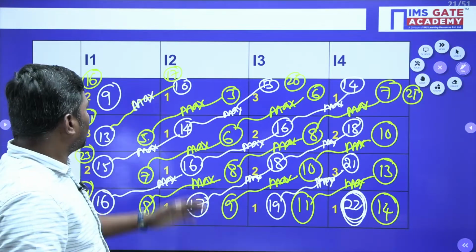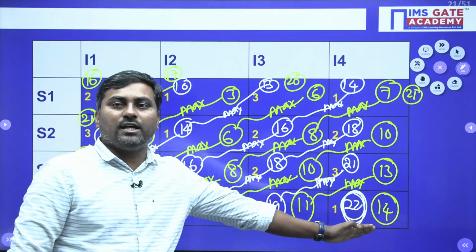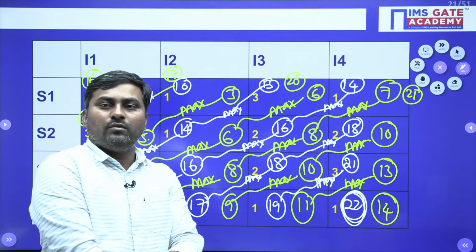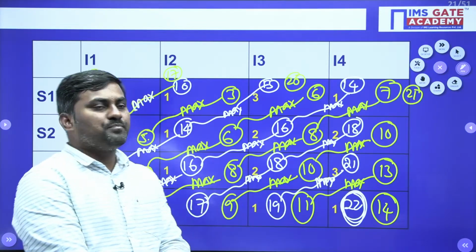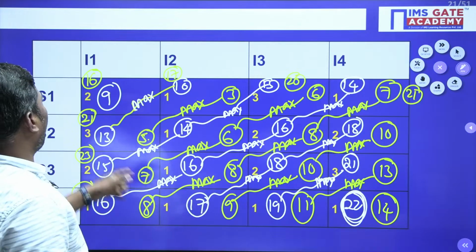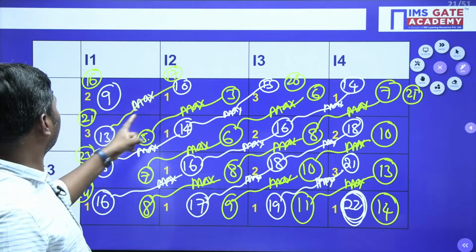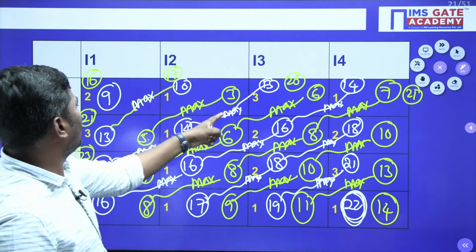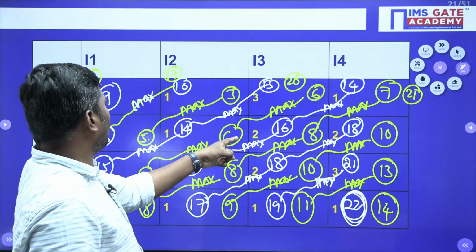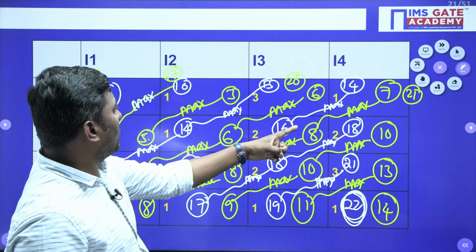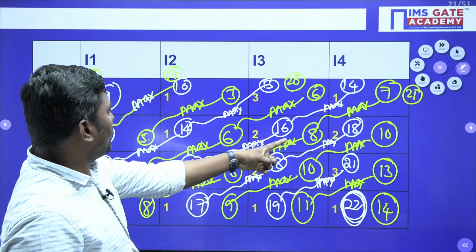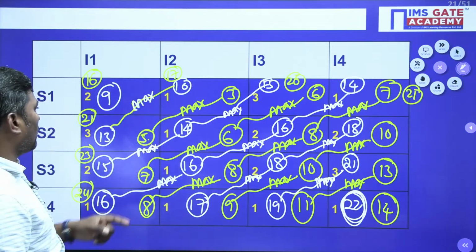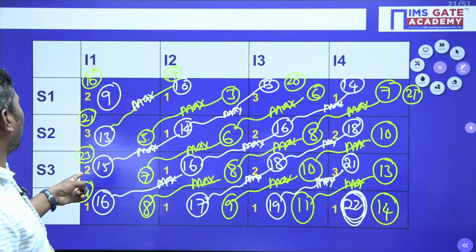Can you tell me now what is the third cycle you will get? Maximum of this: 21, 22 plus 20, this is 23, and of 21 it is 25. So there you get 25. Here it is 23.